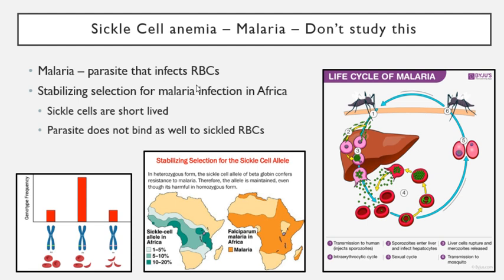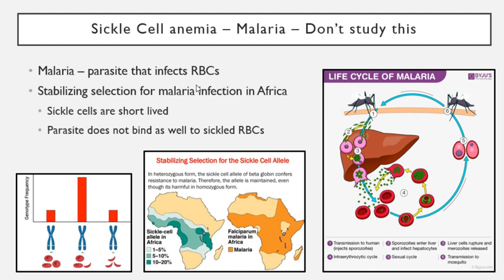And the thing is that it's such a problem that it actually affects the survival of people in Africa. So people who are fully healthy and have regular red blood cells, the parasite comes in and infects them, and a lot of people die because malaria is so bad over there. If you're homozygous recessive, you have this condition really badly, and that's also going to lead to increased mortality.